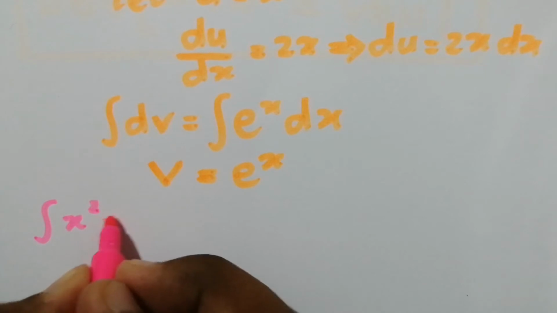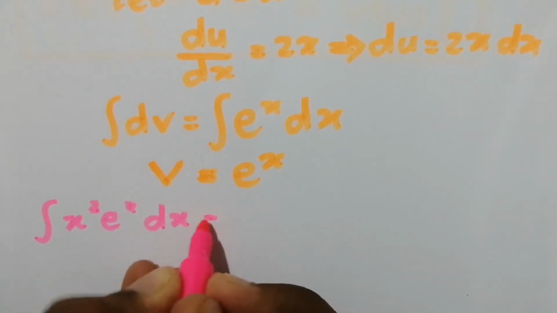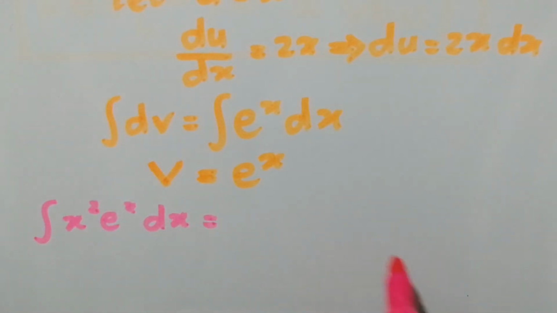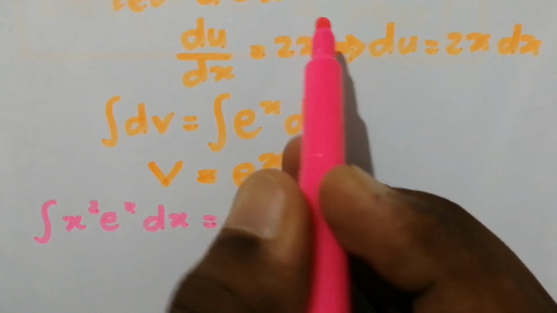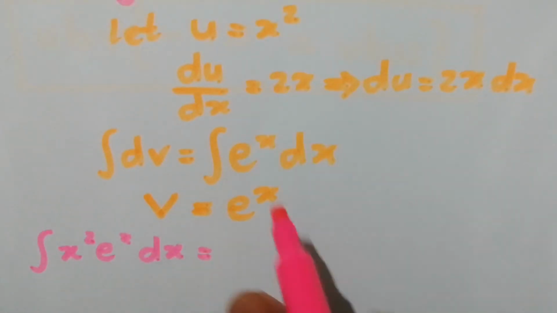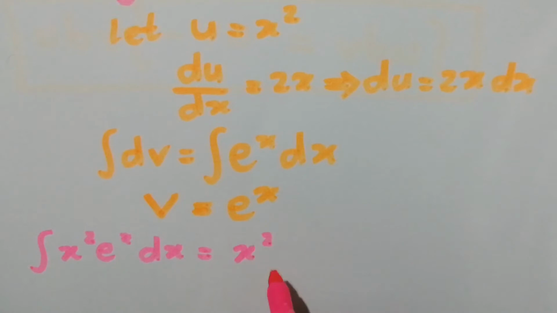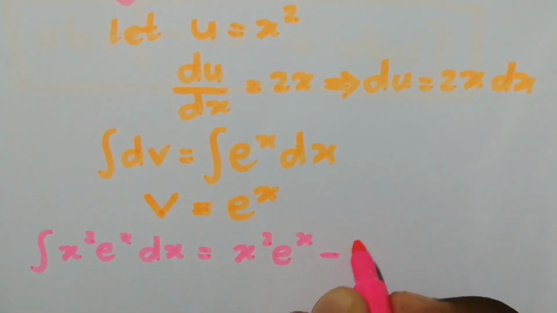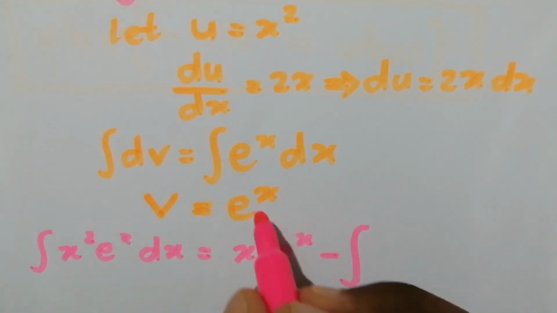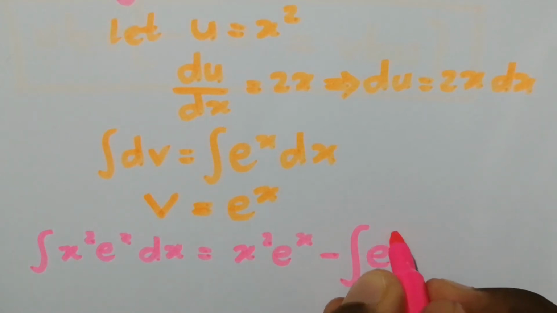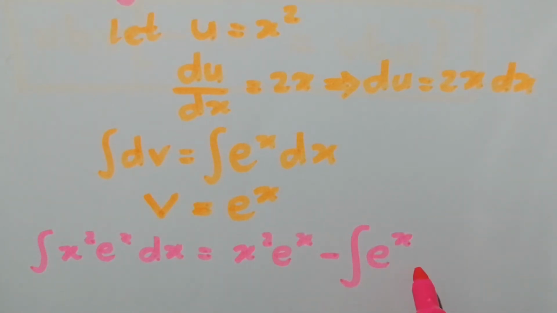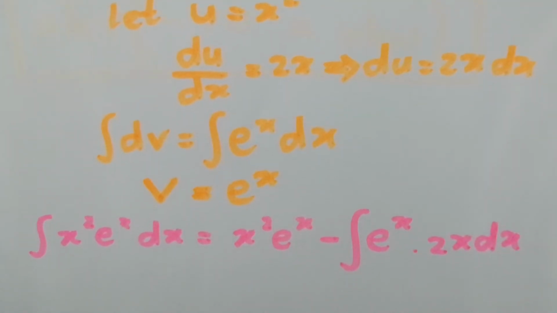Integral x squared e^x dx will be equal to uv minus integral v du. Here u is x squared, so x squared e^x minus integral v du, where v is e^x and du is 2x dx.